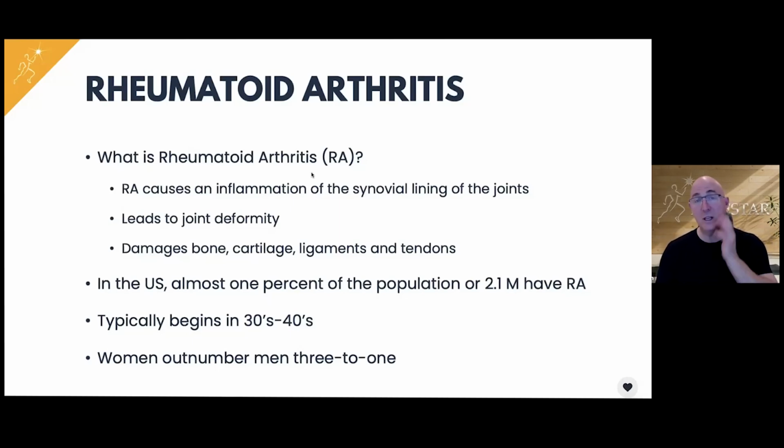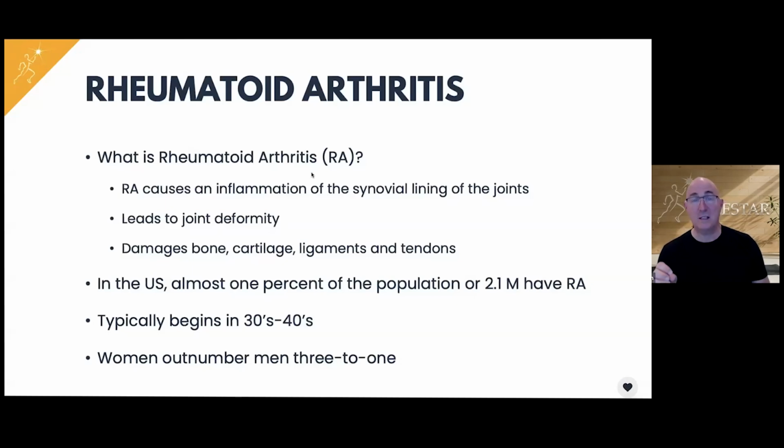They'd have some deformities and nodules in their wrist and in their jaw and in their elbows. So typically you will see in an untreated form of rheumatoid arthritis some deformation. It literally damages the bone, cartilage, ligaments, and tendons. It goes after them. So it attacks the connective tissue inside the joints.